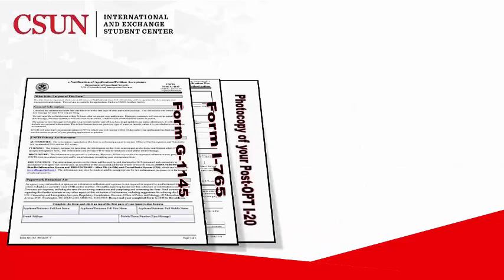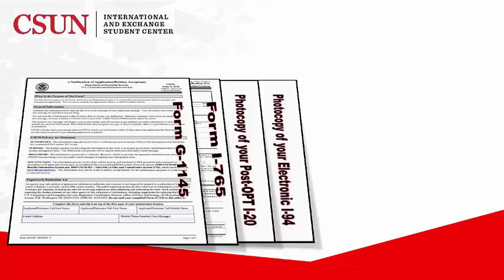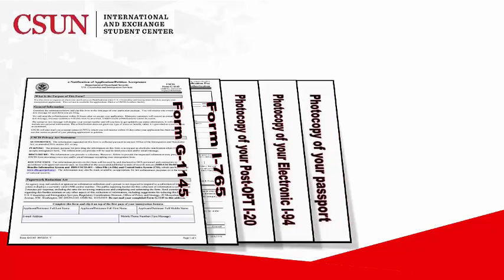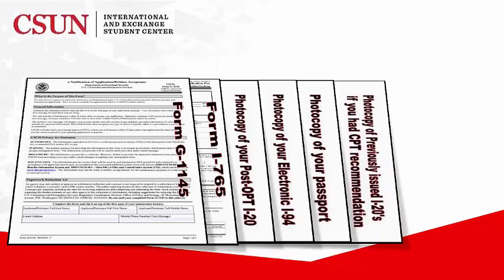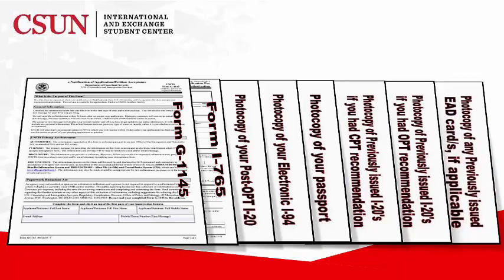Photocopy of your Post-OPT I-20, photocopy of your electronic I-94, photocopy of your passport identification page or pages, photocopy of previously issued I-20s if you had CPT recommendation, photocopy of previously issued I-20s if you had OPT recommendation, photocopy of any previously issued EAD card or cards if applicable.